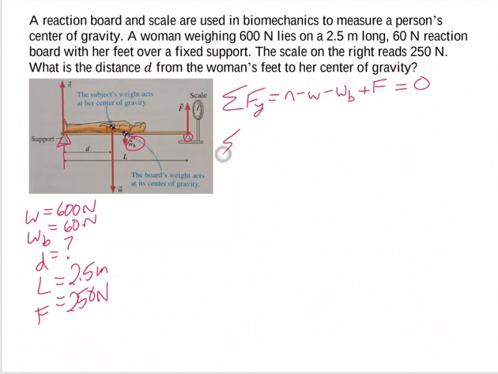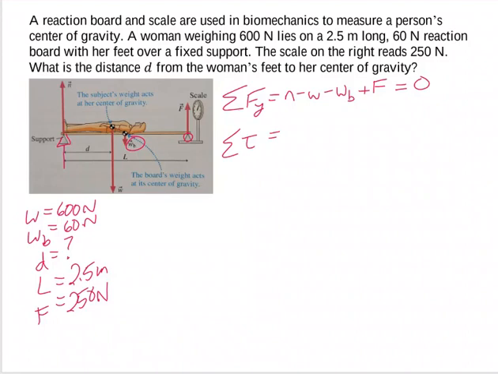Okay, the sum of the torques. All right, from the pivot, we have the normal force acting at the pivot, so no torque. We have the weight down. What is that going to be?